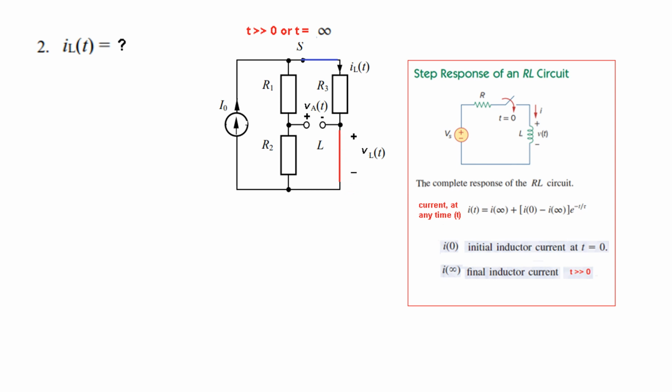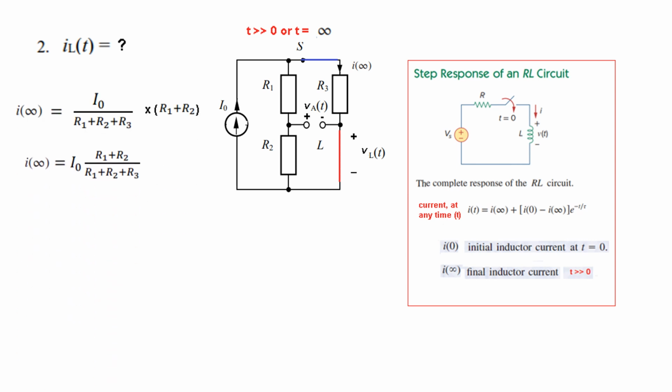For this circuit we have to calculate this current iL. What will that current be? Let's see. We are calling this I infinity, because now the time is infinity.